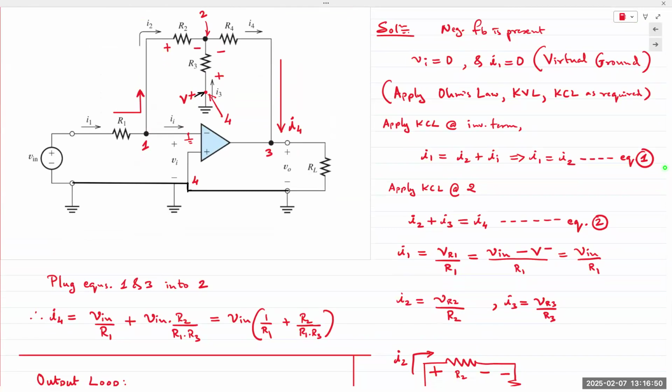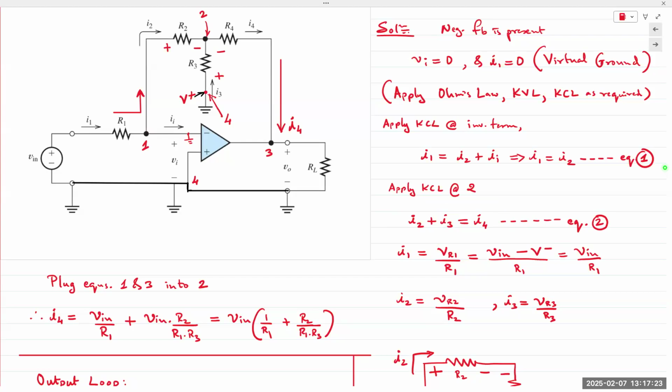As engineers, if this was something completely unknown, I would begin by just assuming any current direction based on some logical rules and laws of physics, and simply proceed with my analysis. If that didn't give me the right answer, I would change my assumptions and redo my analysis. In this case, the directions are given to us, so it makes it easier. Once you apply KCL at 2, I get I2 plus I3 is I4.